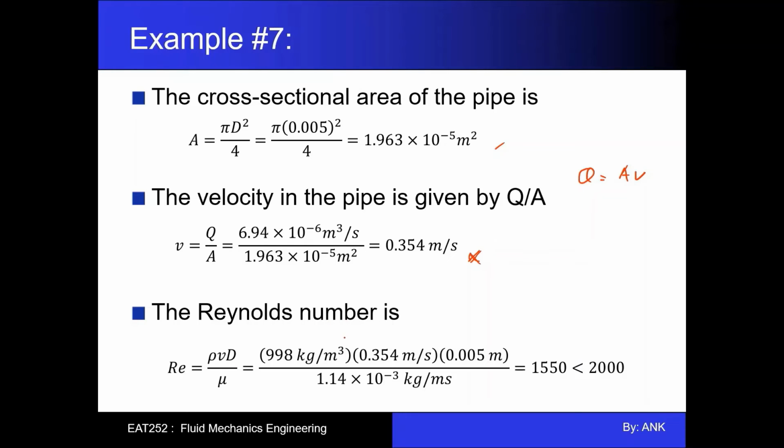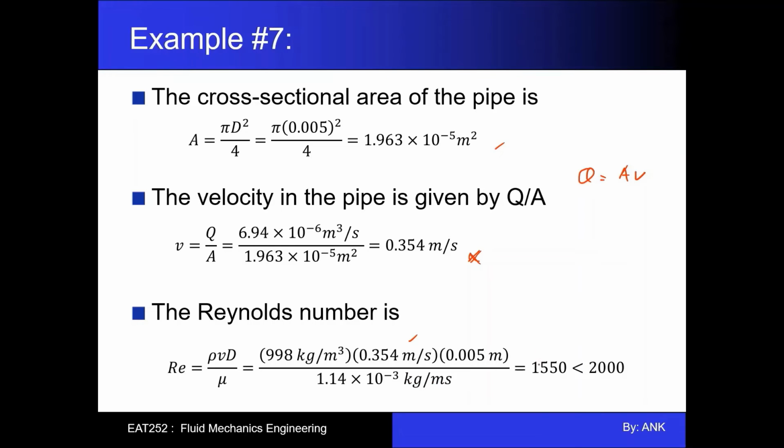Okay, we substitute the value for the density of water, which is 998 kilogram per meter cube, times the velocity 0.354 meter per second, and times the diameter of pipe 0.005 meter, and divide by the dynamic viscosity of water, which is 1.14 times 10 negative 3 kilogram per meter second.